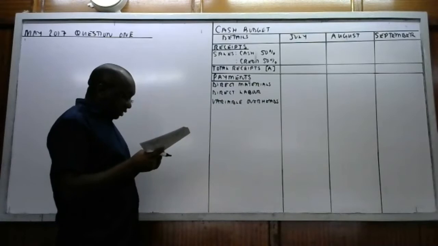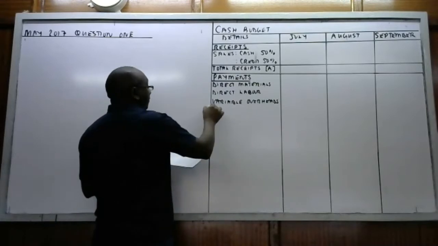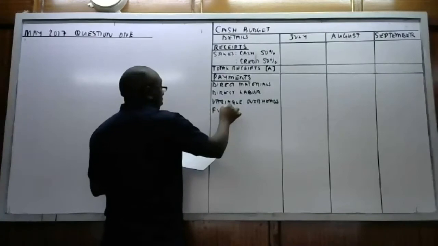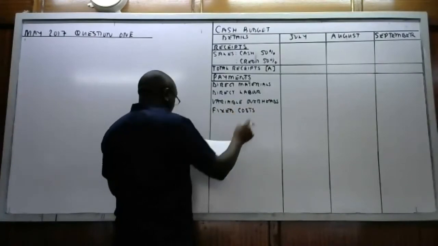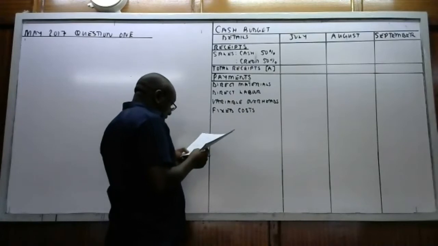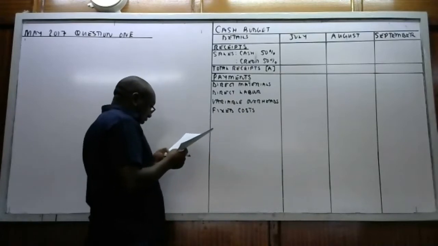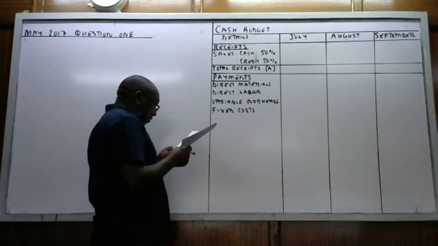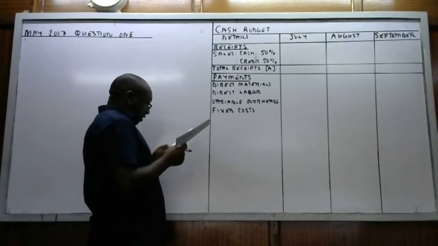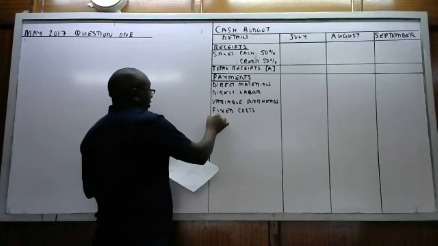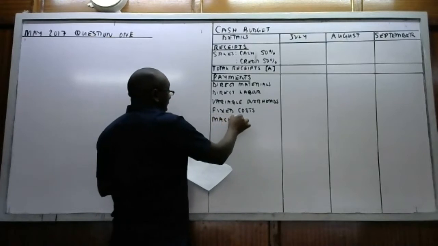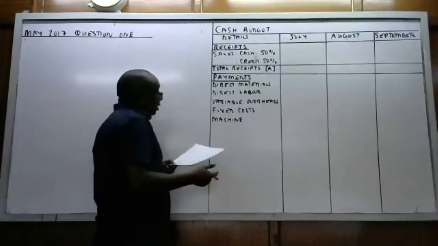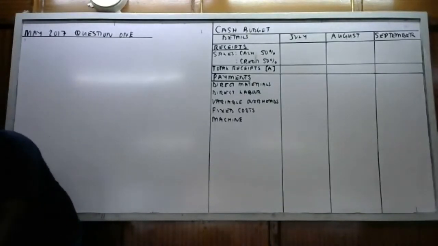Then according to information 4, we have fixed costs. Information 5 is labor costs, which we have already mentioned. 6 is suppliers, that is materials. Variable overheads, tushaweka. Then information 10 is talking of a machine. You will buy a machine. So that is all that we have there.